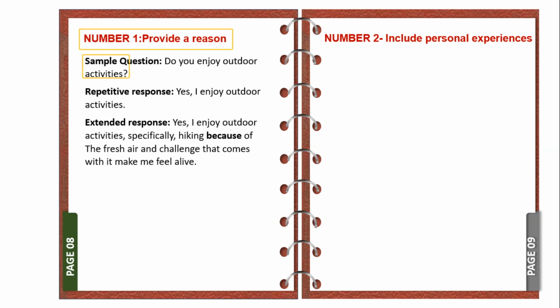This is our sample question for that: do you enjoy outdoor activities? Don't just say, "Yes, I enjoy outdoor activities," and leave it that way. You can give some expressive or extended responses like this. You can state, "Yes, I enjoy outdoor activities, specifically hiking. Why?